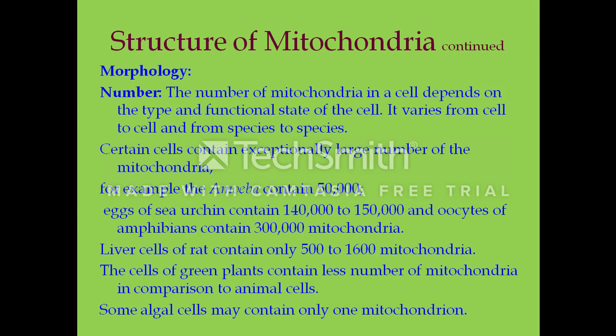The cells of green plants contain less number of mitochondria in comparison to animal cells. Some algal cells may contain only one mitochondria. So the number of mitochondria is species specific and also it varies from cell to cell.